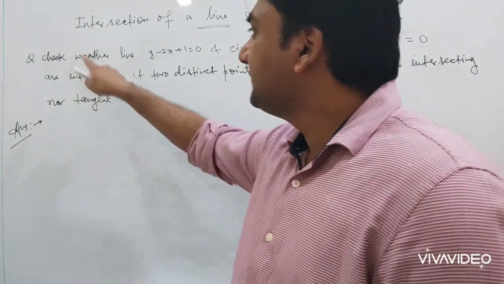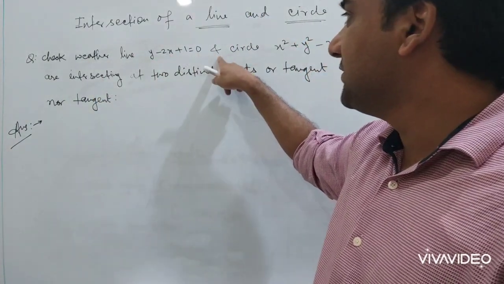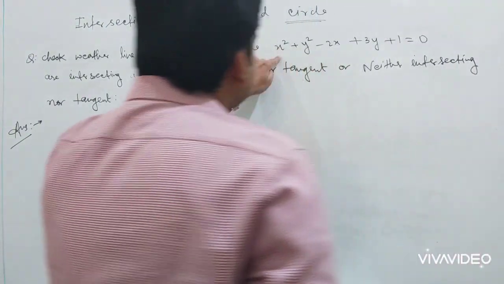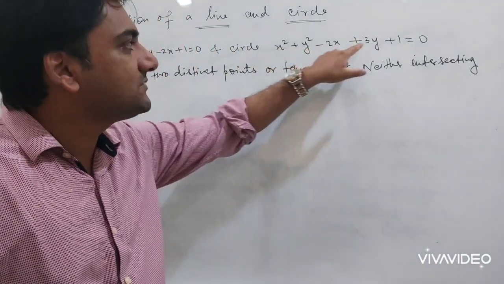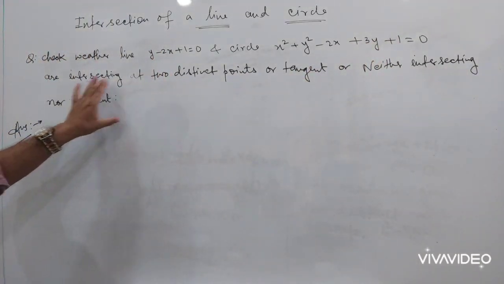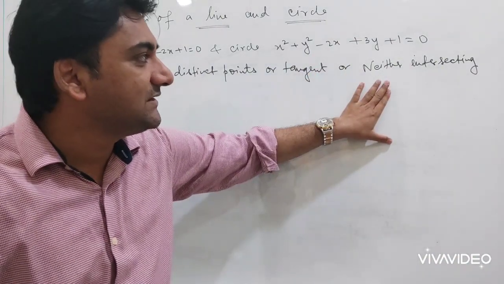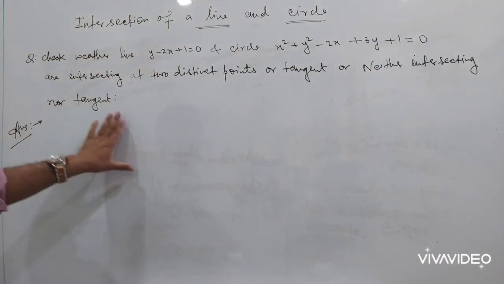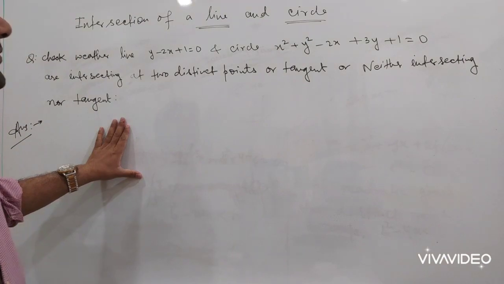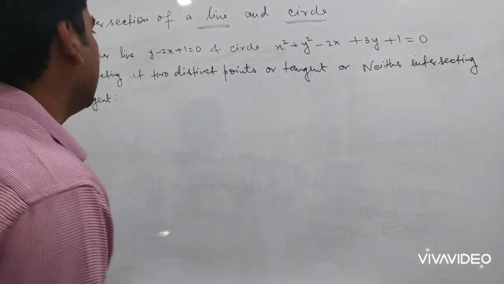Question: check whether the line y minus 2x plus 1 equals 0 and the circle x square plus y square minus 2x plus 3y plus 1 equals 0 are intersecting at two distinct points, or tangent, or neither intersecting nor tangent.